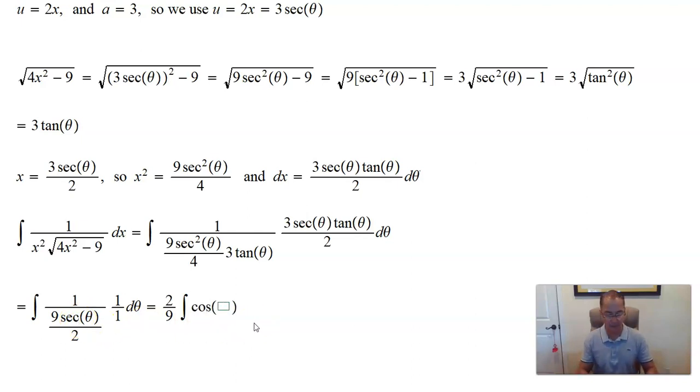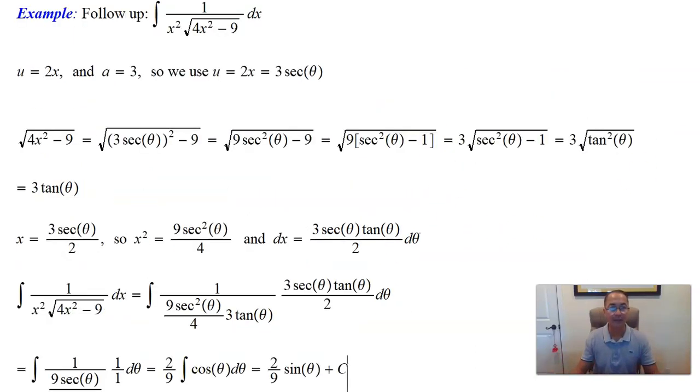That's just cosine. Ooh, excellent. D theta. And we all know that one. That one's easy. Integral of cosine is sine theta plus c. Okay, we're done. No, we're not done. We are far from done because that's in theta. We started out with an x.